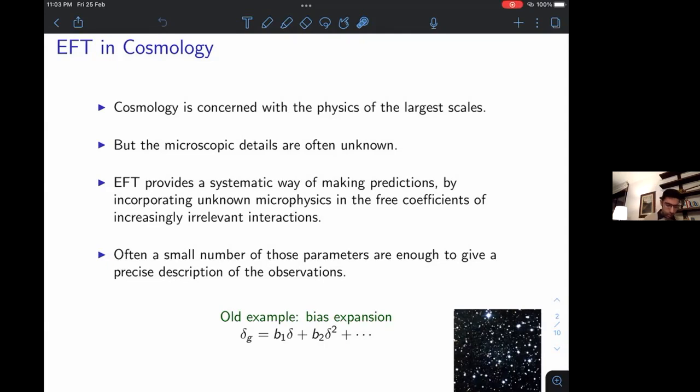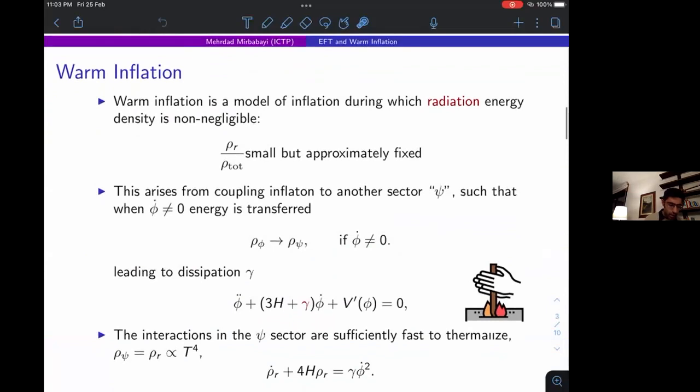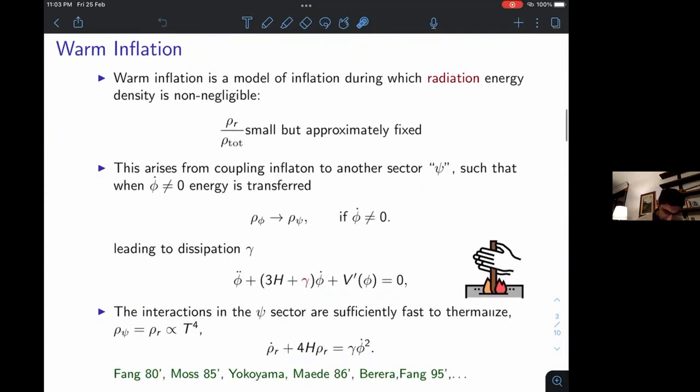Now today I'm not going to talk about EFT for the large scale structure. I'm going to talk about the effective field theory application in the context of warm inflation. This has not been discussed much in this context, effective field theory for warm inflation, but this is something that I've been working on recently.